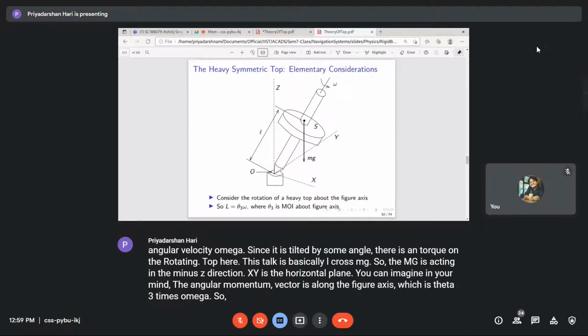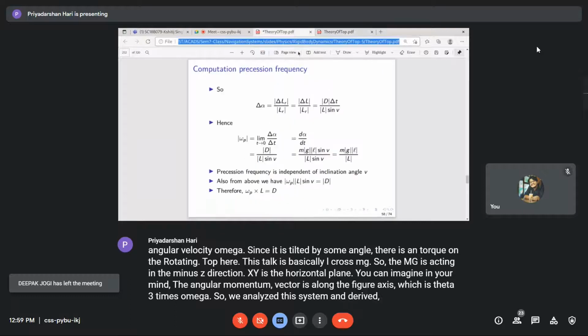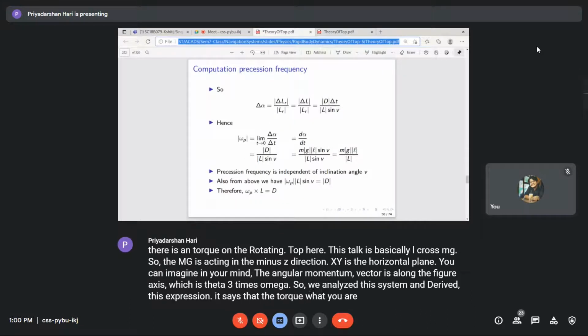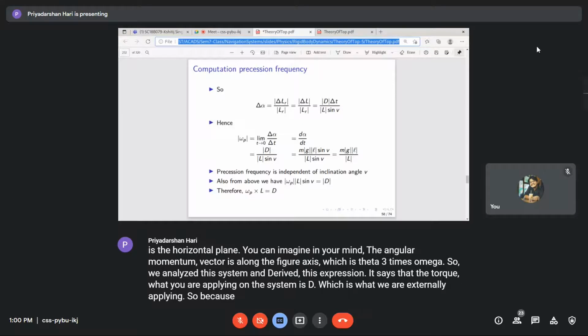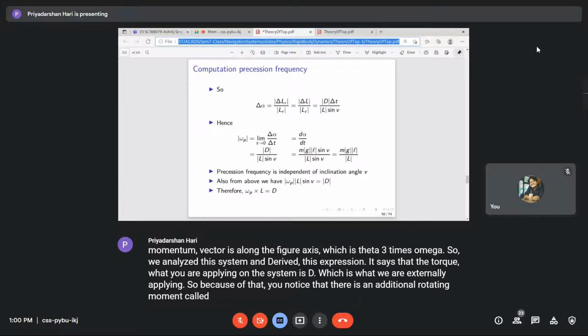So we analyzed this system and derived this expression, which says that the torque you are applying on the system is D, which is what we are externally applying. Because of that, you notice that there is an additional rotating moment called omega p.